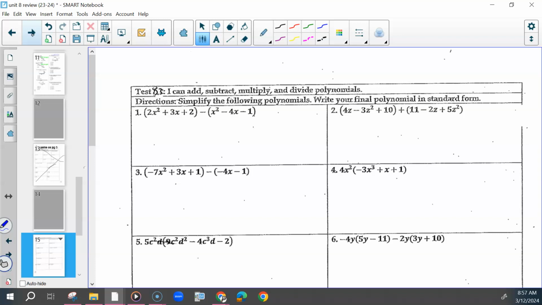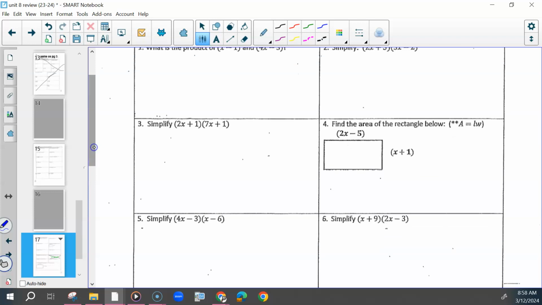Or questions on page 9. So you know area of a rectangle is length times width.